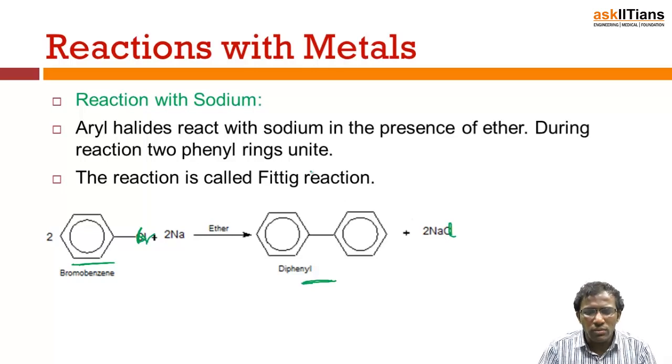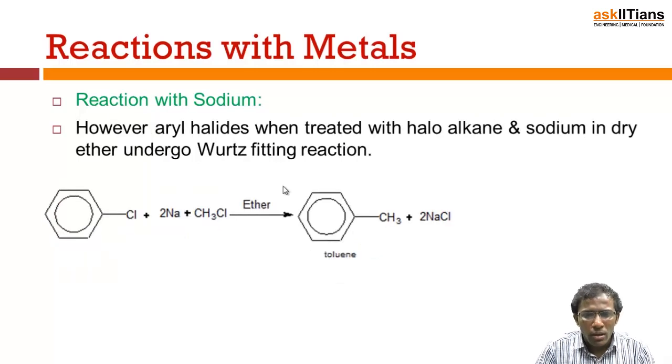This is the reaction with metal, and it is called the Fittig reaction. There is another reaction, the Wurtz-Fittig reaction, which is slightly different, and we will discuss it next.